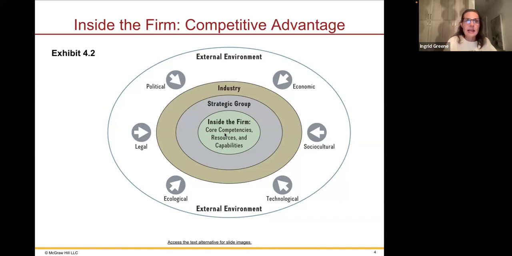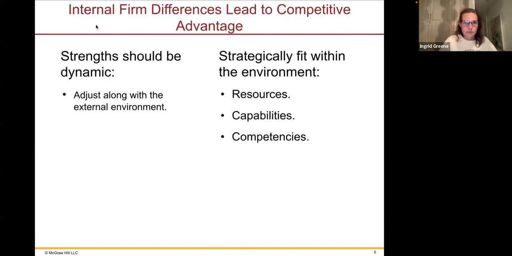What can they do and how do they do it? The internal firm differences help lead to competitive advantage. What are they doing differently? What is Samsung doing differently from Apple? That all happens inside, and that then leads to some competitive advantage.